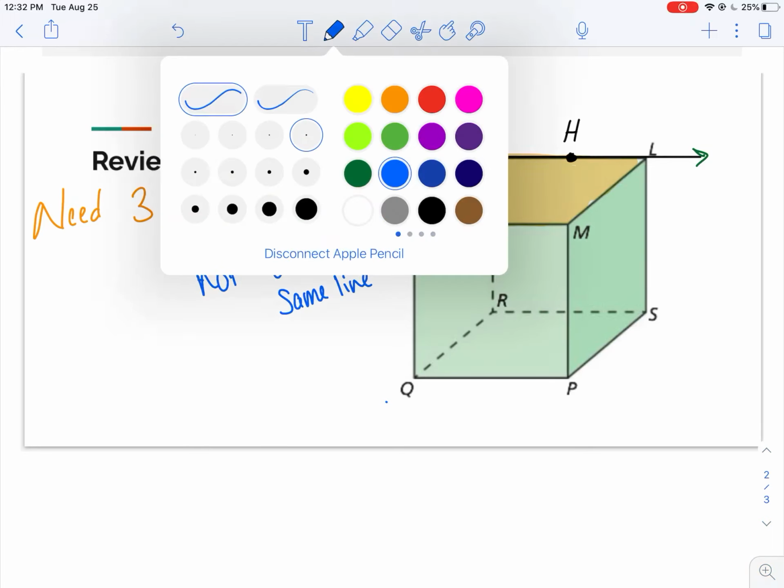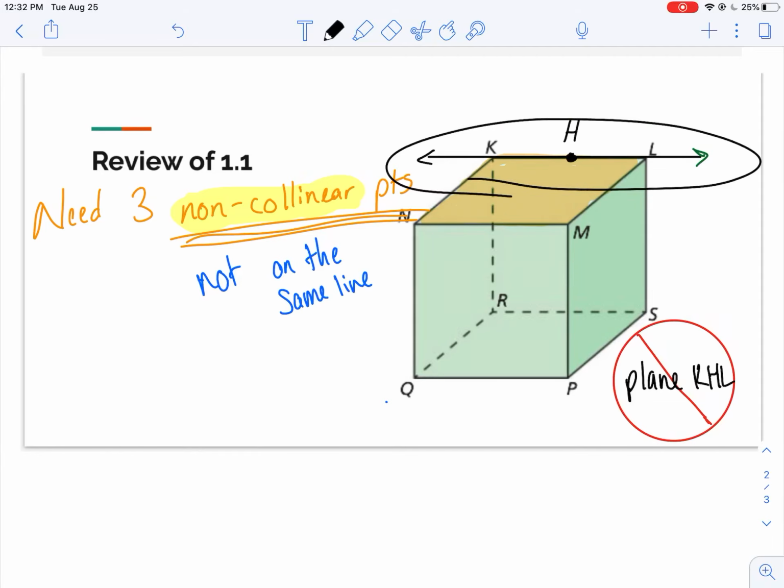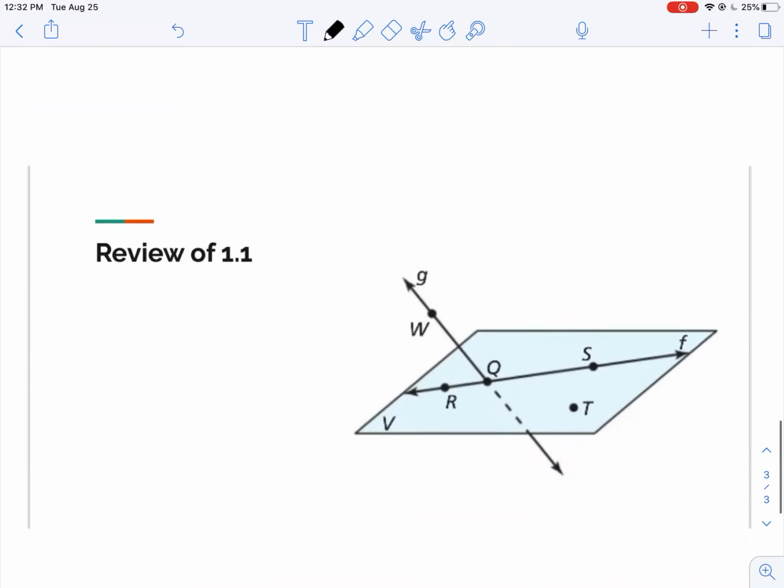The only thing I cannot name it, and I'm going to put this in a big red circle so that you don't do it, I cannot name this plane KHL, or LKH, or LHK, or HLK. No combination of those 3 letters is going to work, because, again, they are on the same line. They're collinear. So keep that one in mind.